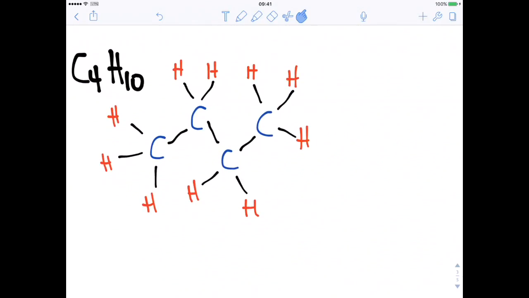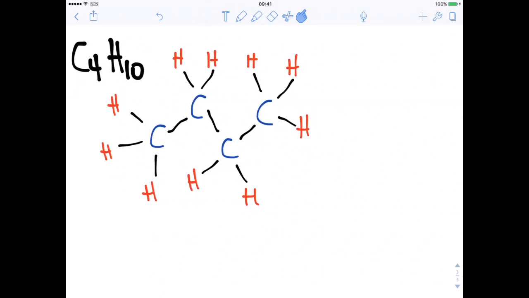So if we move on to line angle structures, sometimes they're called zigzag structures just because of the way they're written. This is the most common way of showing organic compounds, and oftentimes you will see these compounds written this way in the MCAT or in a lot of your exams in school, so it's a good idea to start getting used to them now, being able to read them really well.